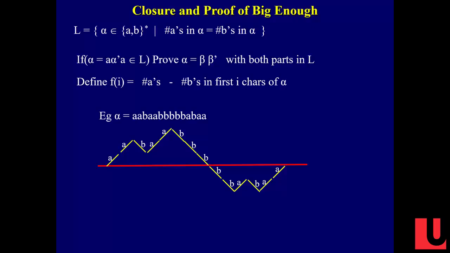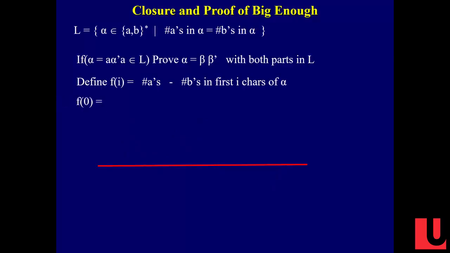So you can see you get another A, you get another A, you get a B, you come down. You get an A, you go up. You get an A, you come up. You get B's, you come down. Right? And what do we know about this function? What do we know about f(0)? f(0) is going to be 0 because we have no A's and we have no B's.